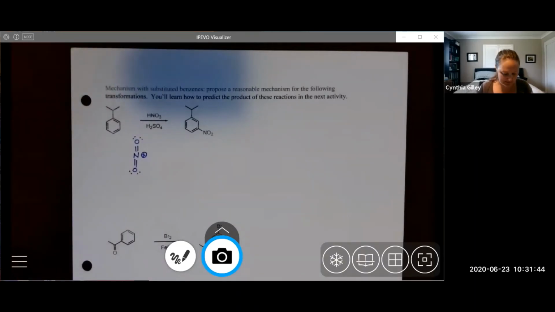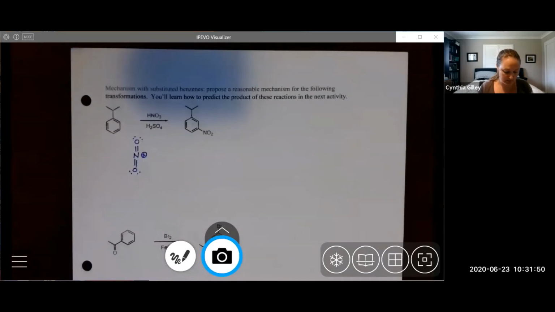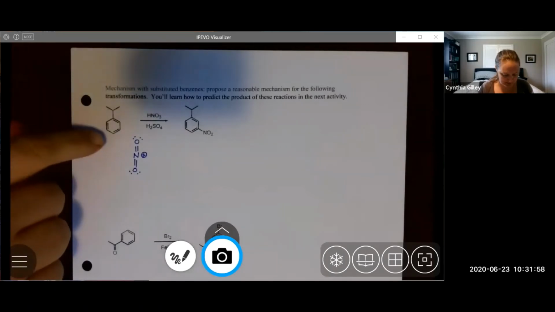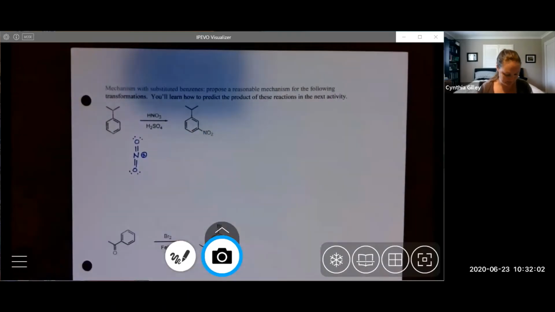In this case, we need to be very careful which pi bond here we use to do the attack, because this is no longer benzene. All of these pi bonds are not equivalent, because it's substituted, right? So we want to show the pi bond associated with the carbon where the group ends up.